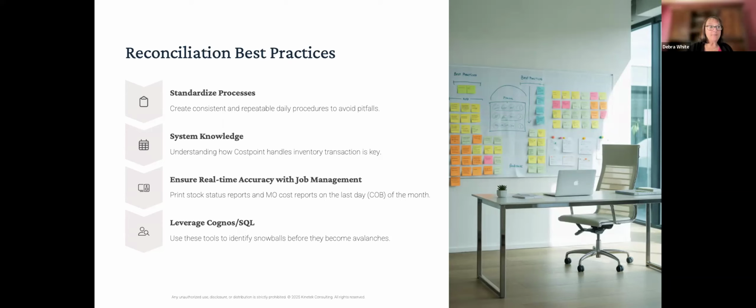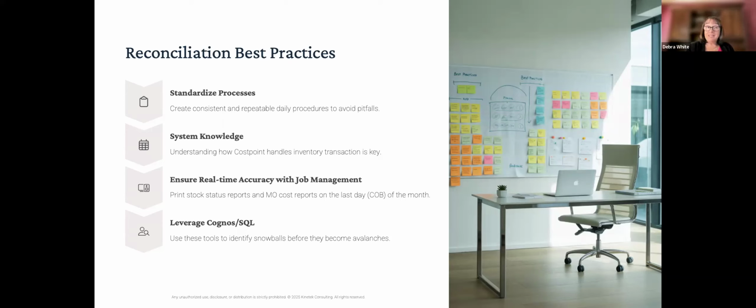Two, system knowledge. Make sure that you have a good understanding of how Costpoint handles each inventory transaction. There are a lot of challenges we went through in the presentation. If you don't understand something, please reach out. Happy to answer your questions about how something would work if you don't know.